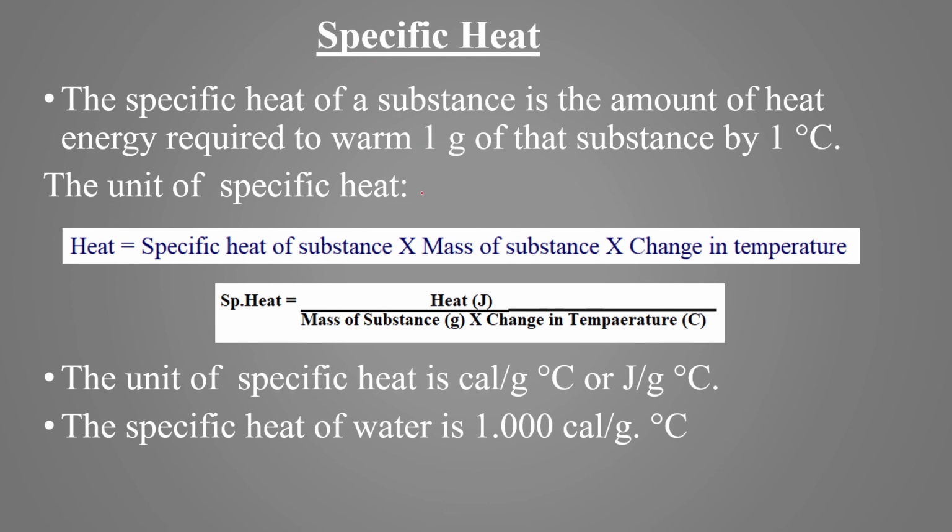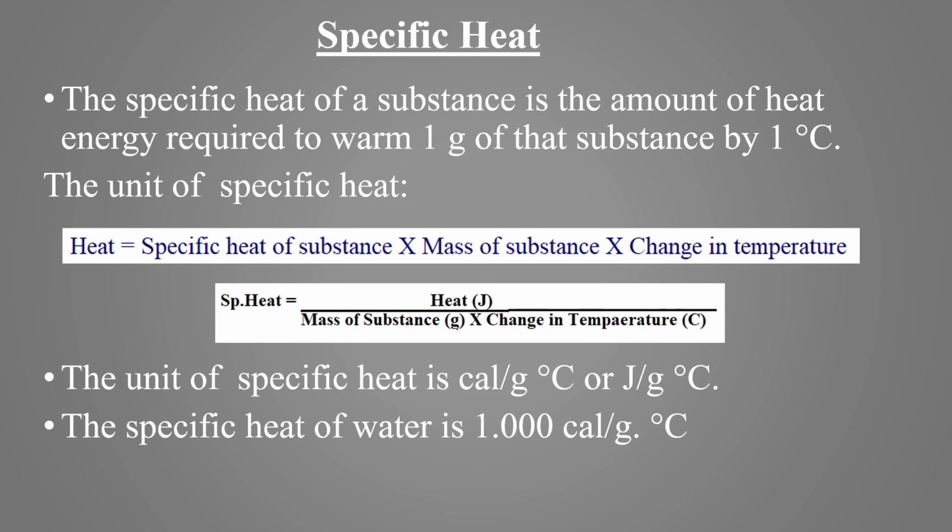For the unit of specific heat, it comes from the formula of heat, which is the specific heat of the substance multiplied by mass of the substance multiplied by change in temperature. And when we rearrange this equation for specific heat of the substance, we get heat divided by mass of the substance multiplied by change in temperature.